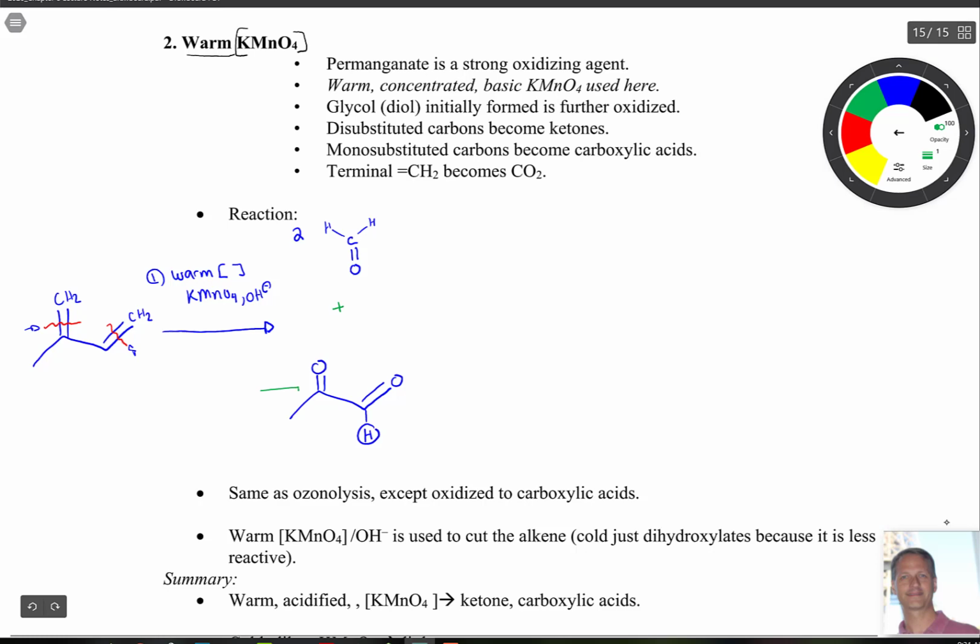This is a ketone. Ketone stops reacting, but this guy is an aldehyde, so we can continue to react. Same thing up here, you've got these two H's. It's kind of like a double aldehyde in some regards. So we're going to continue that reaction here, and we oxidize further.